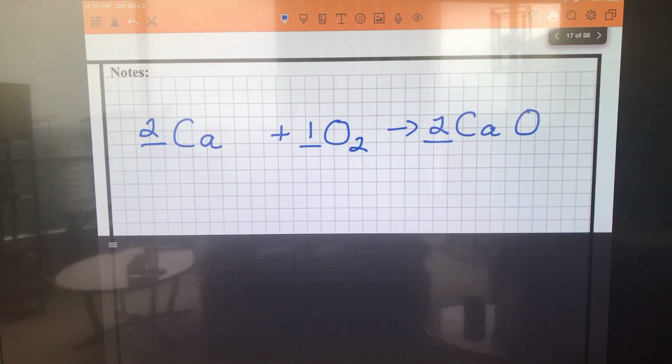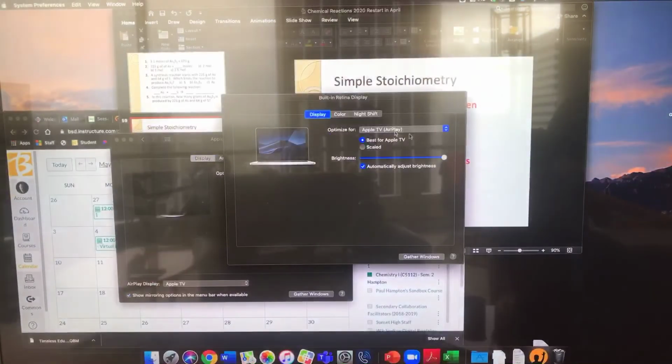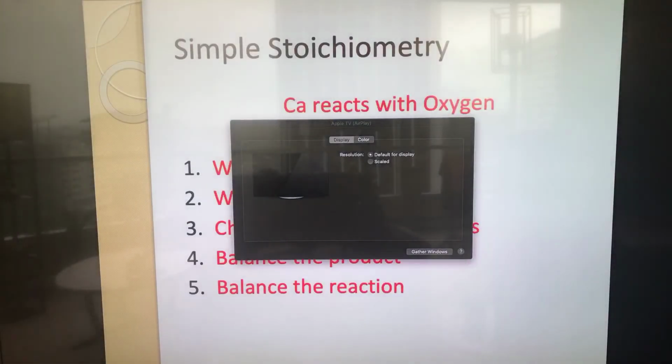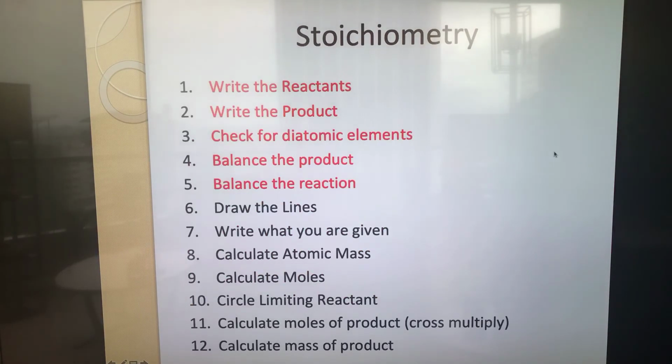So I want to go back just briefly and look at our steps for the rest of the stoichiometry process. And let's see, just right there. There they are. So those first 5 in red, we already did.